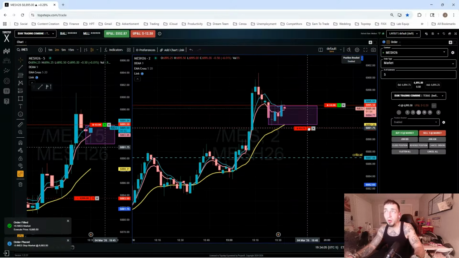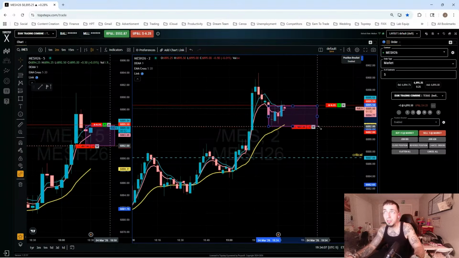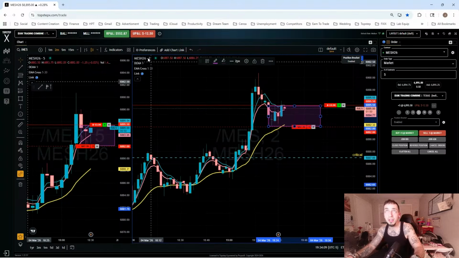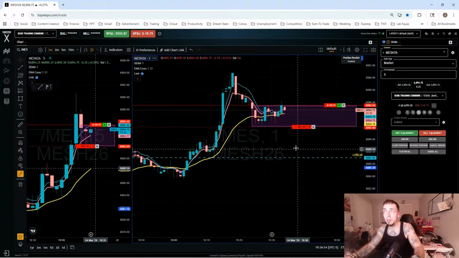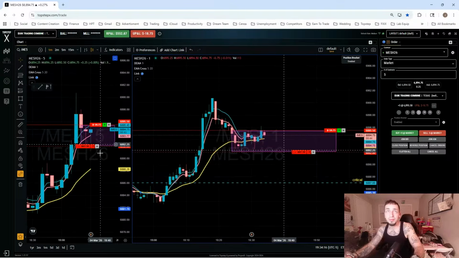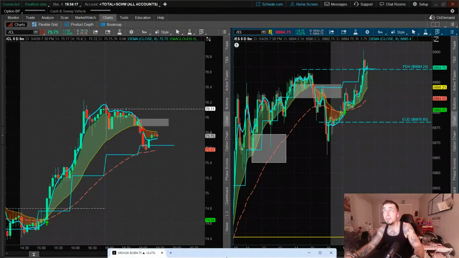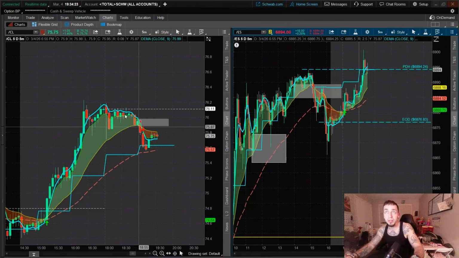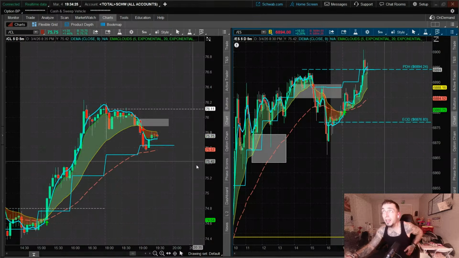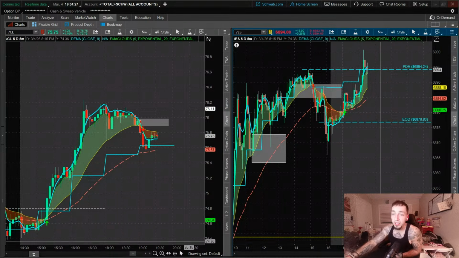I'm hopping in small on ES, and I'll add in if I need to. Oh, oil. Look at oil. The only thing I don't like about oil is the 1 hour trend here.